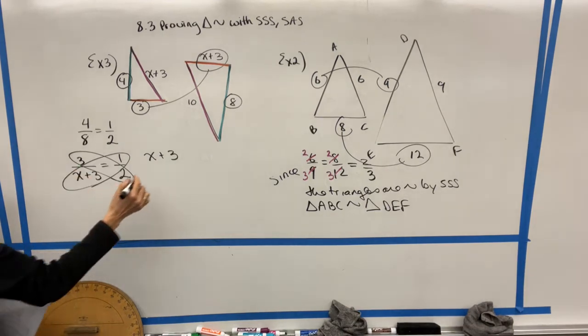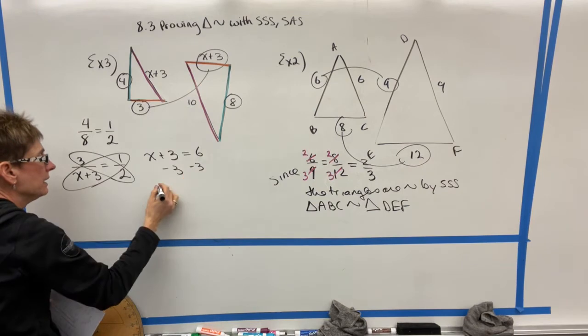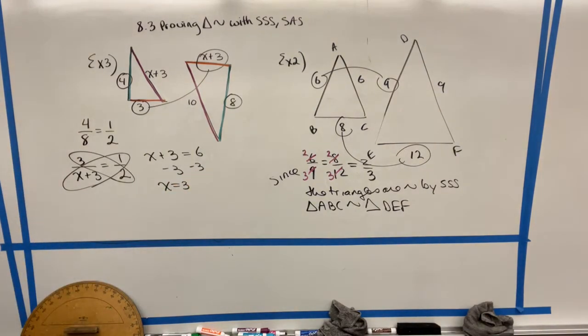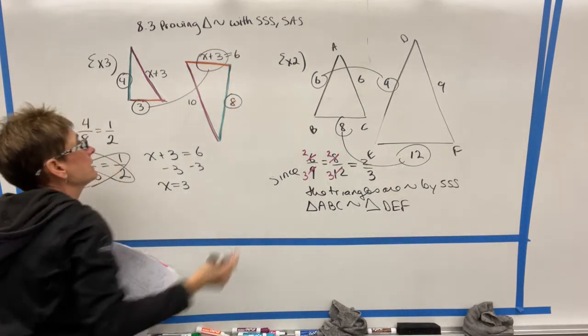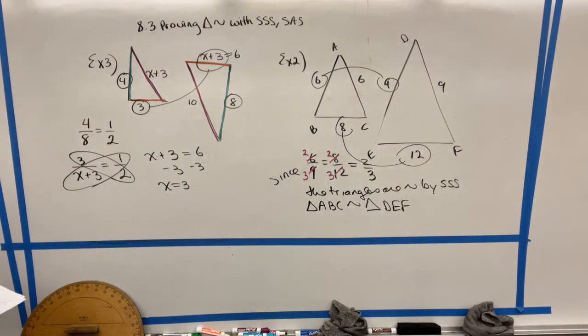And then 3 times 2 is 6. And then I subtract 3, and I get that x equals 3. Let's try putting the numbers in. If I put 3 in here, 3 plus 3 would be 6. Is 3 divided by 6 1/2? Yes.